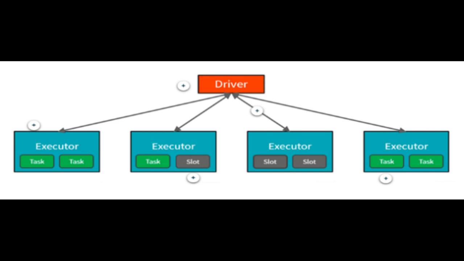And finally, once it gets the result from the executors, it will send it back to the Spark user, right? So the majority of the work is done by the driver.